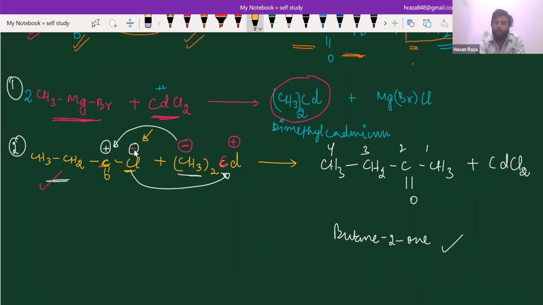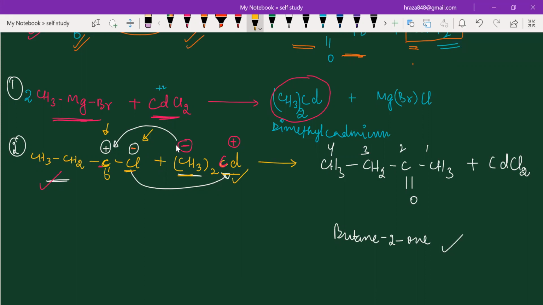Whichever atom is connected to chlorine will have positive charge. Now come to this CH3 and Cd. Cd is a metal, so positive, and carbon, so negative. Just add negative to positive. This is the nature: negative will be attracted by positive, and positive by negative. So it's very simple.